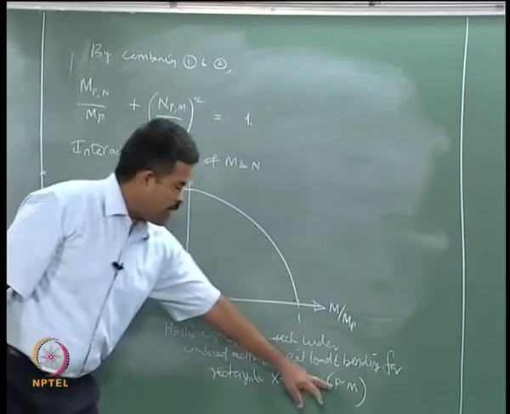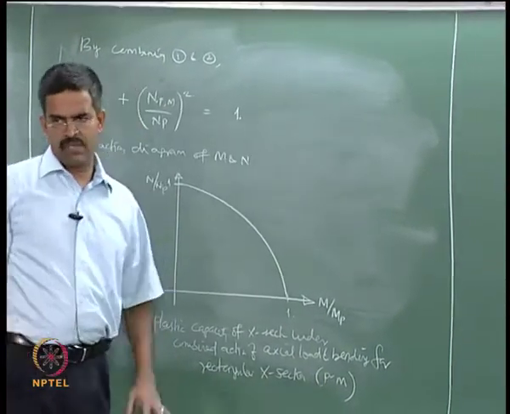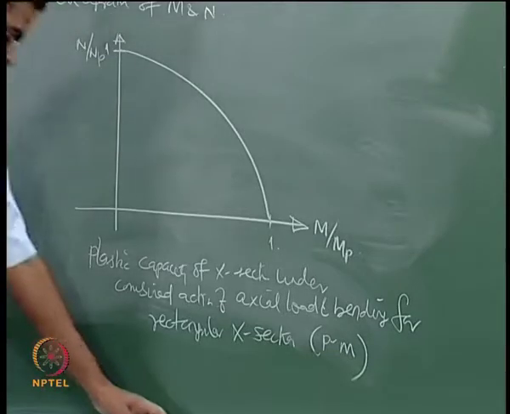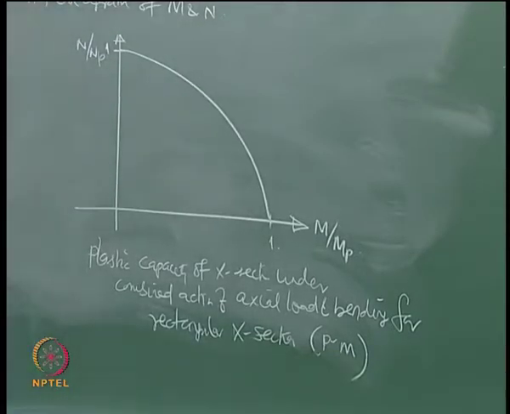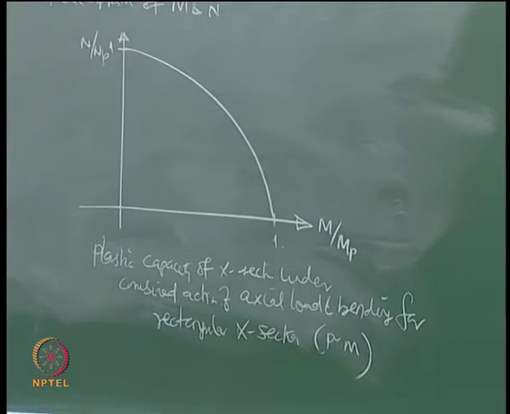Here P does not stand for plastic, P means axial force and M is bending moment, okay. Any questions here?